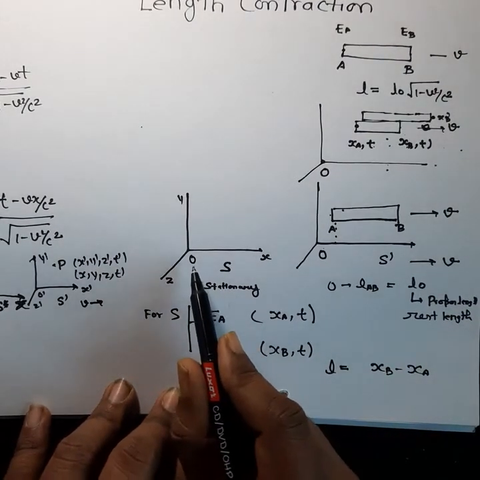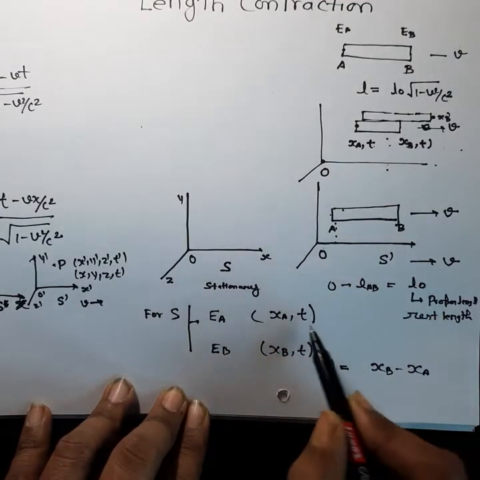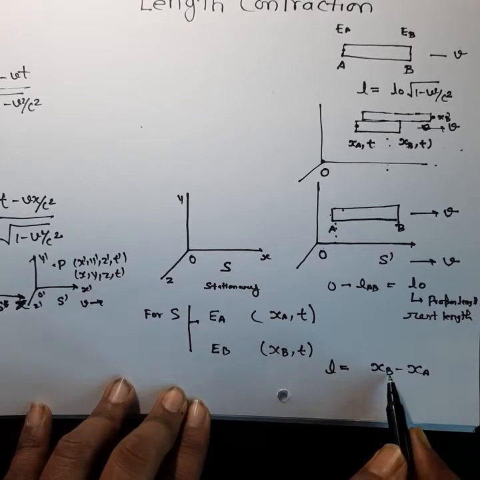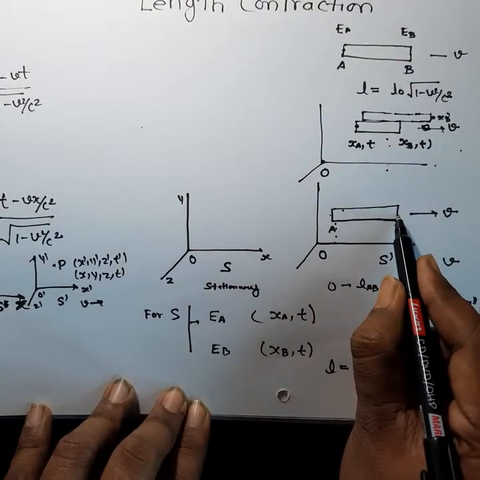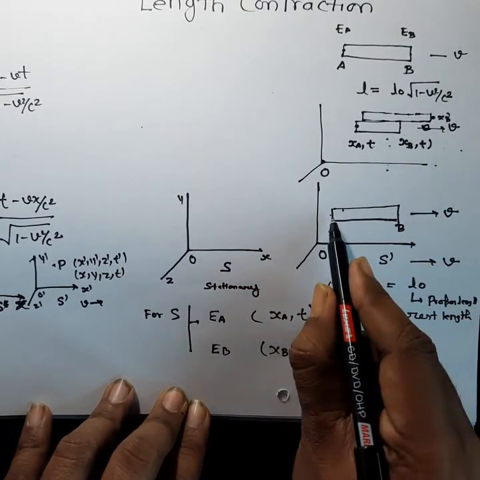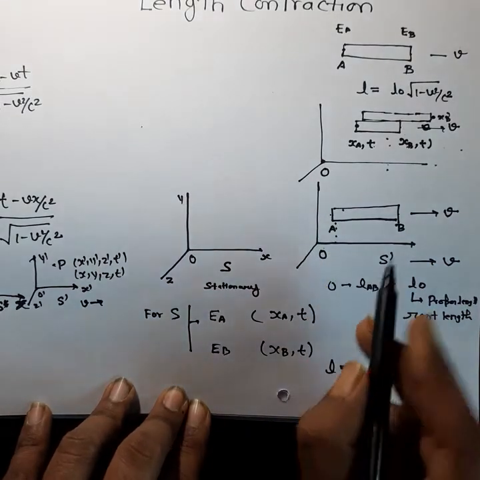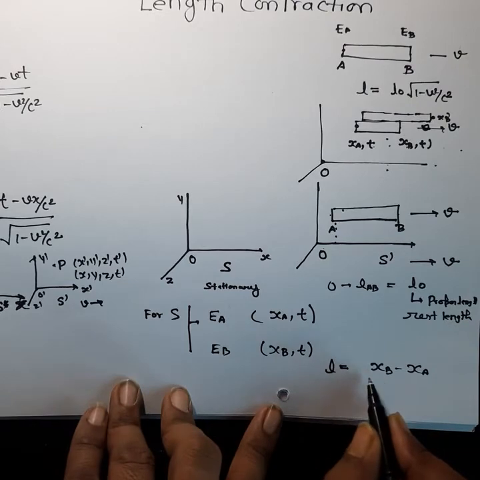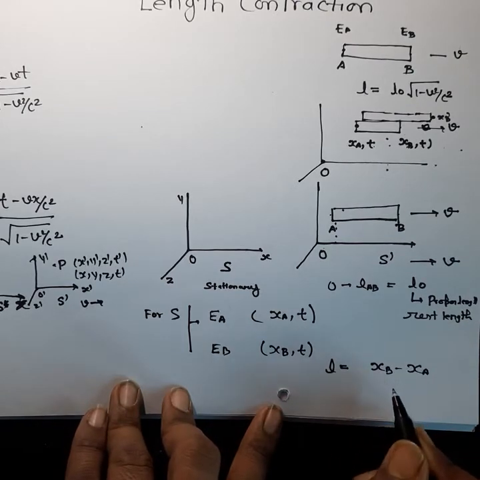The observer, which is at rest, measures its length at time t. What will be the length? xb minus xa, coordinates of this point subtracted from the coordinates of this point. So you subtract these two coordinates and you will get its length as xb minus xa.